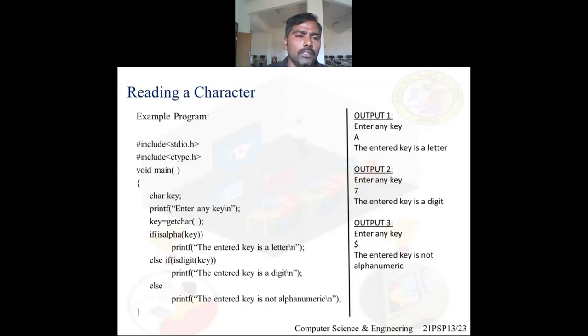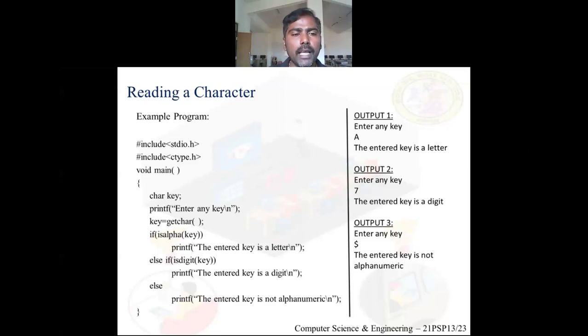First, the main objective is to read one character. The user is going to enter one character. So how many bytes of memory do I require? 1 byte of memory. And let that memory location be given an identity as key.